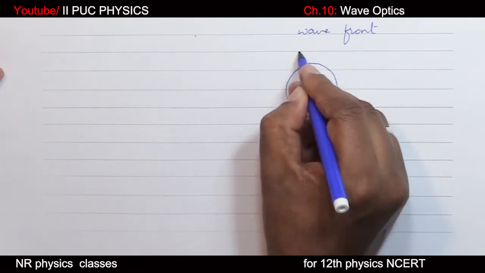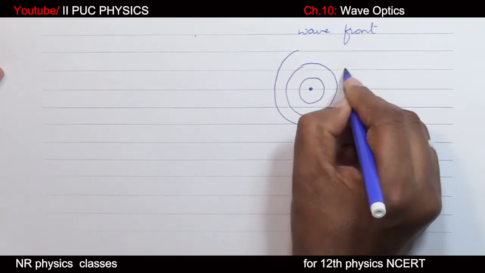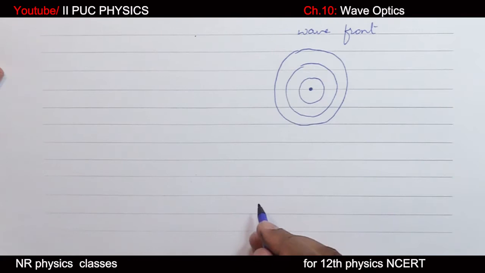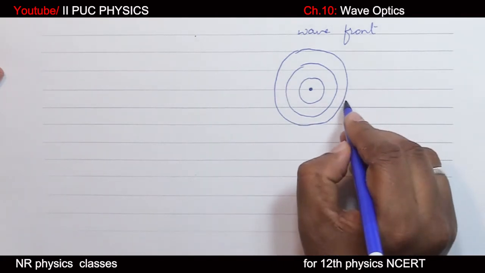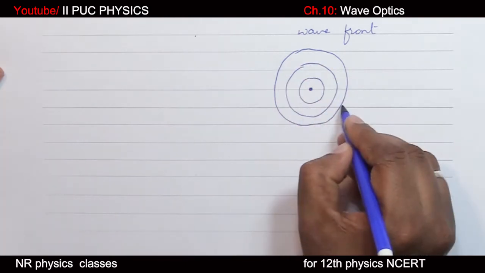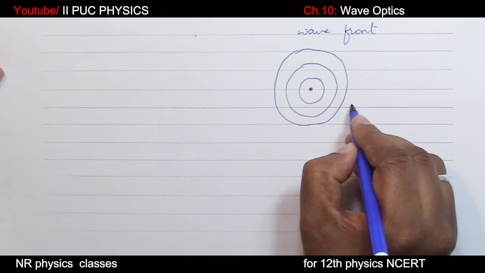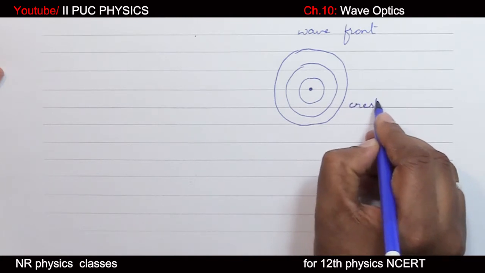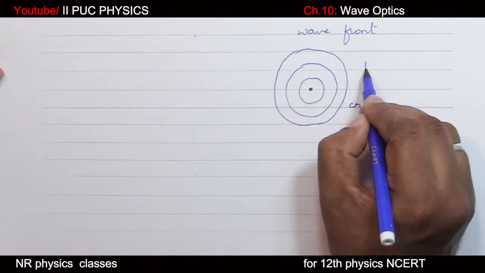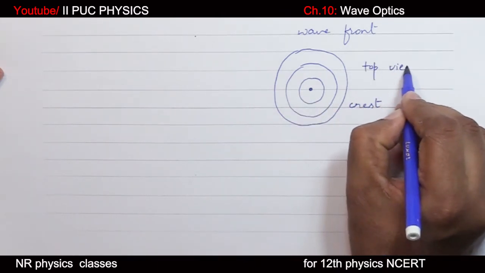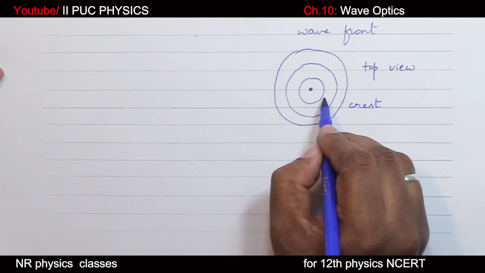These are ripples on the surface of water. These smooth lines represent the locus of all those points which are in phase, which are crest points. Crest, isn't it? This is the top view of ripples of water.